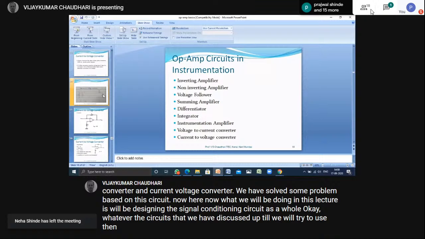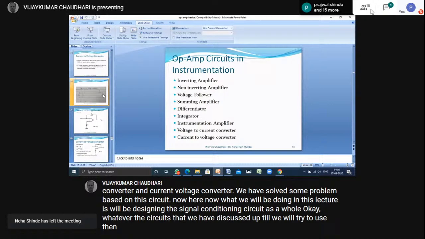The sensor can be a temperature sensor, pressure sensor, flow sensor, or whatever it is, depending upon this parameter. And then it has a range of Y min to Y max. Then we have to design the signal conditioning circuit for this parameter in a particular range of Vmin to Vmax.